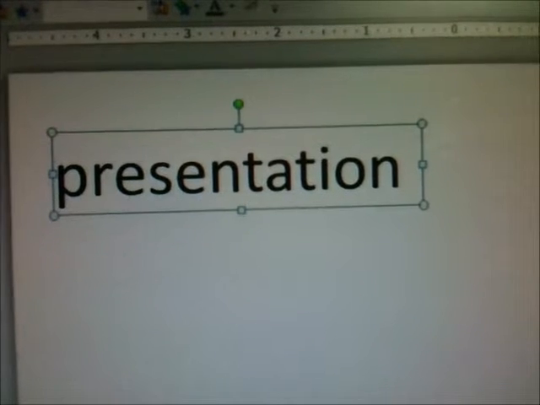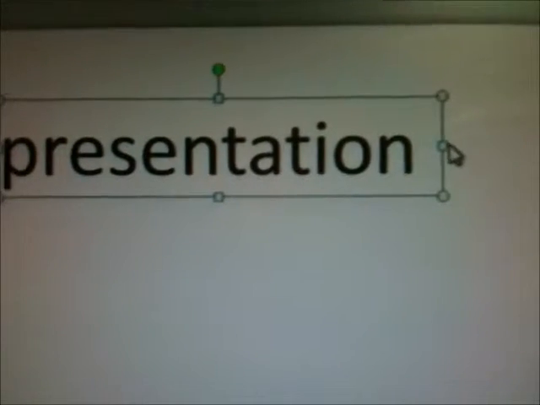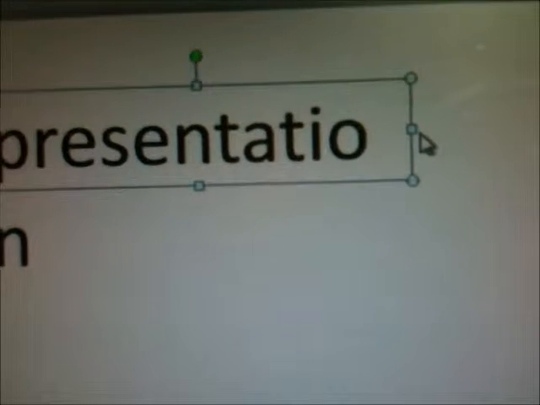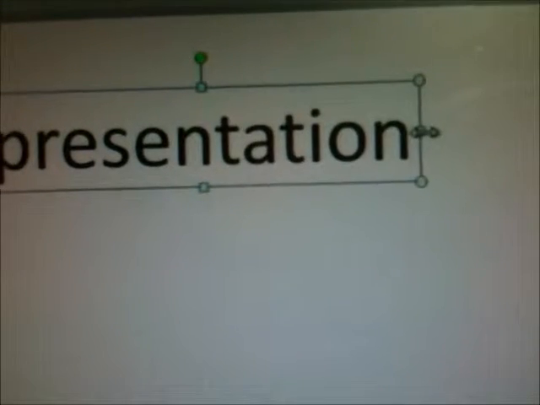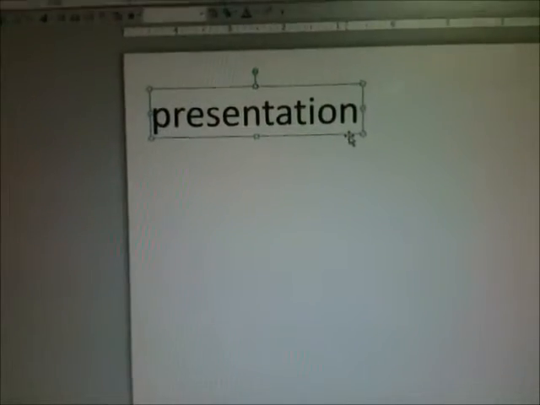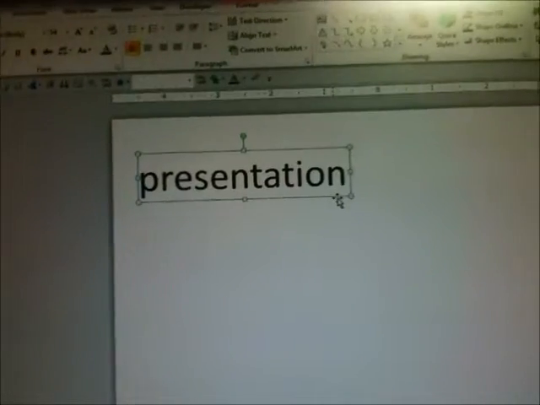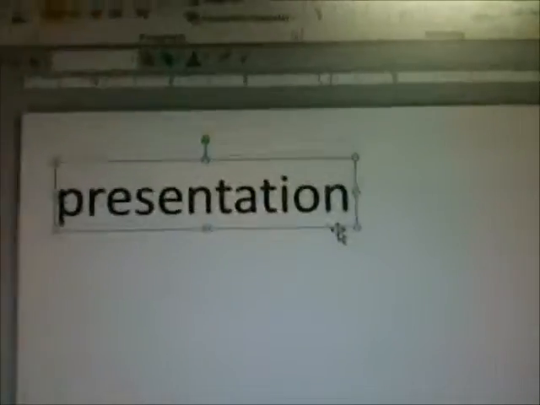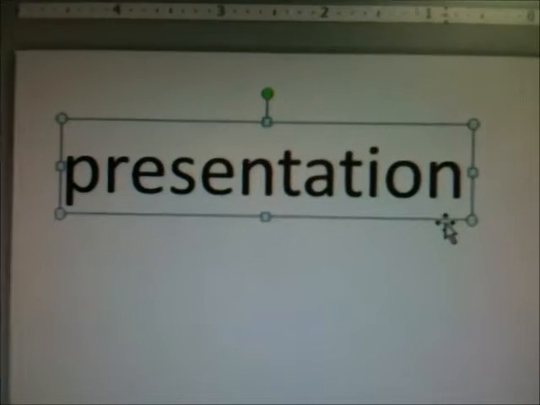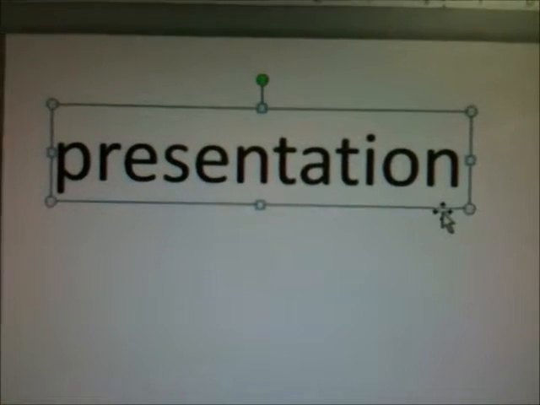A new feature. So here, I can go just a little bit over, and there's just a little bit of space there. Another way to do it is by pressing the Control key on your keyboard, and then pressing the arrows, and you can resize.